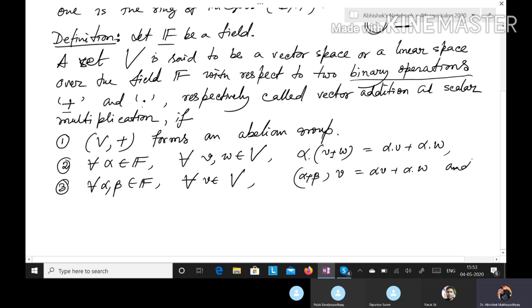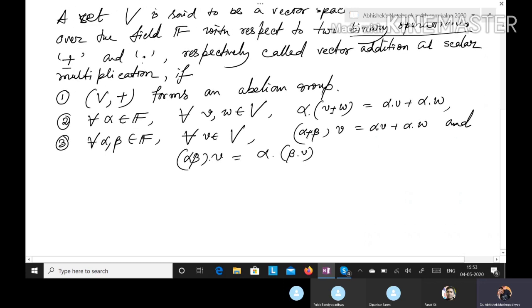And alpha beta V is alpha dot beta dot V. Number 4 is, what will happen if we take any point from V, and since the field F has unity 1, when we multiply 1 with that element V?